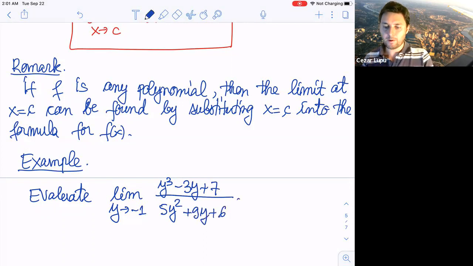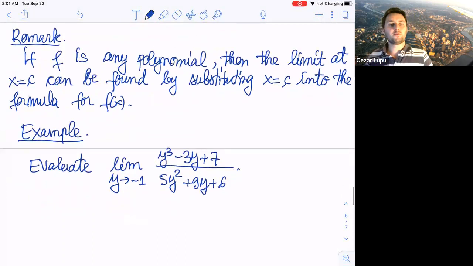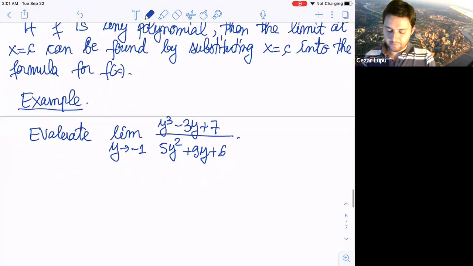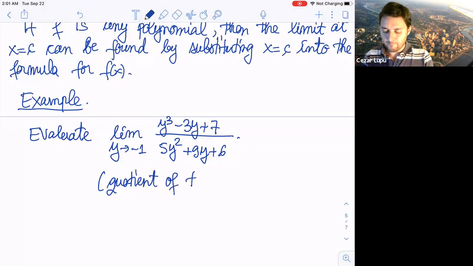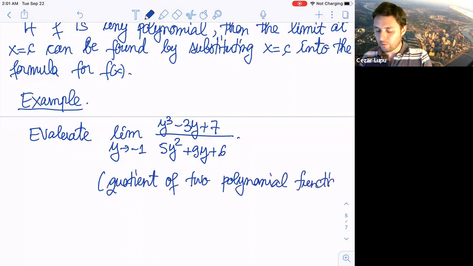Well, as you can see here, we have the quotient of two polynomial functions, right? So it would be a good idea to apply the quotient rule.